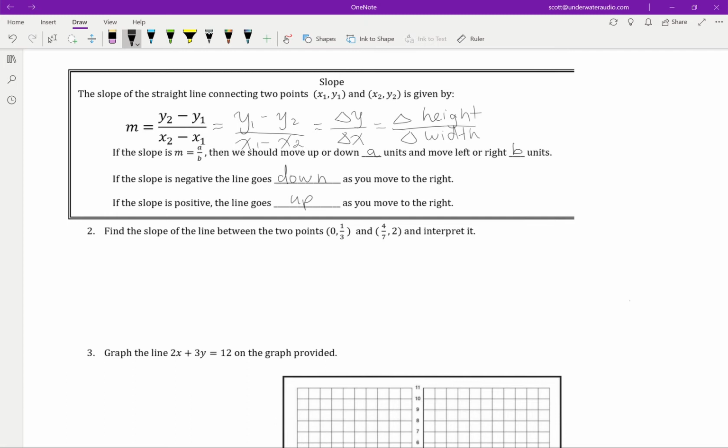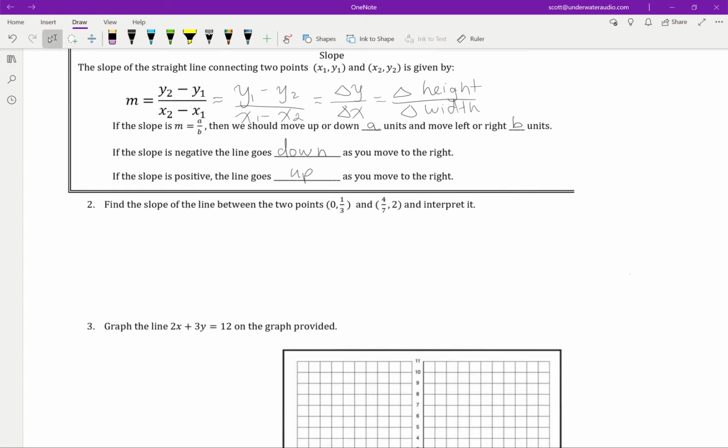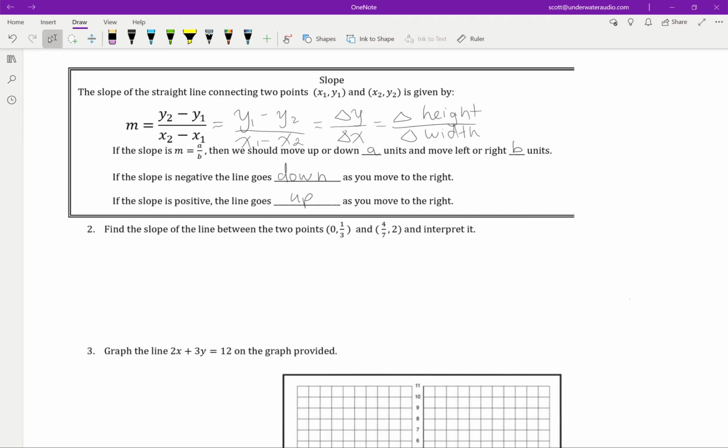So let's put it into practice. Find the slope of the line between the 2 points (0, 1/3) and (4/7, 2), and then interpret it. I have a very disorganized mind, so I have little things I do to keep everything organized. Underneath both of these points, I write x1, y1, and x2, y2, so that when I put it into my equation, I know where everything is.